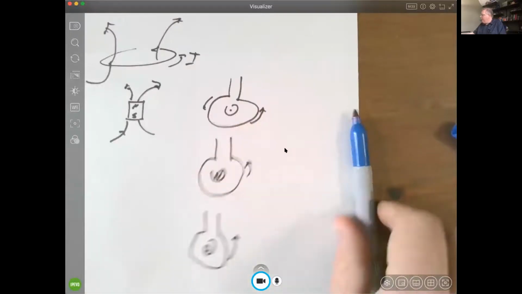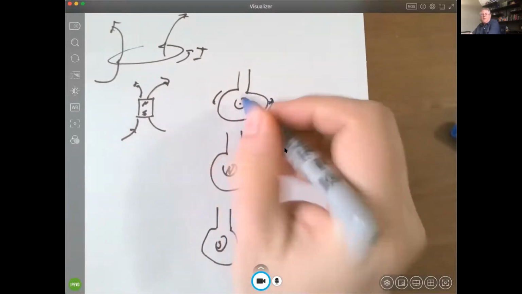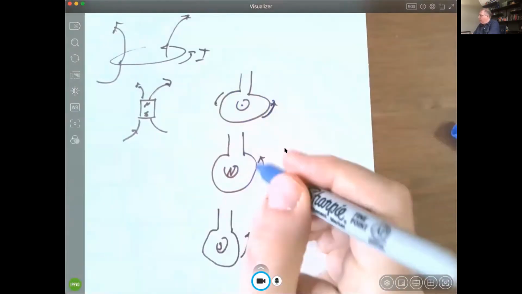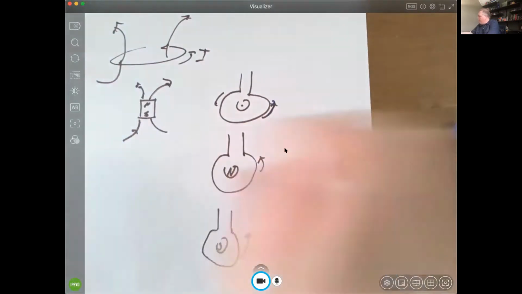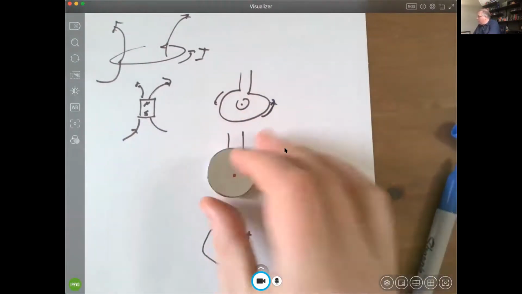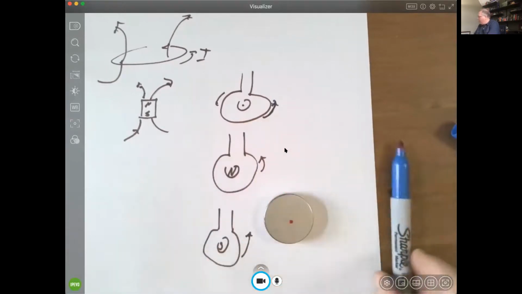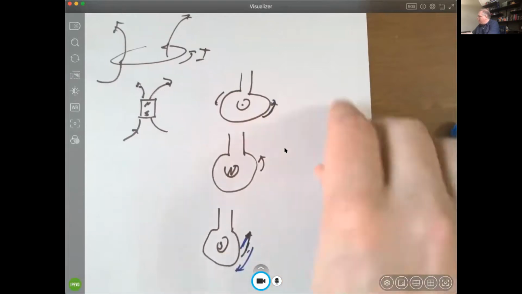So if I have current running this way around the loop, that's making magnetic fields come out of the page towards us, right, by the right-hand rule. That's a little bit like a little magnet with its North Pole facing towards us. And if I reverse the current, so the current's going the other way, then it's like a South Pole pointed towards us.